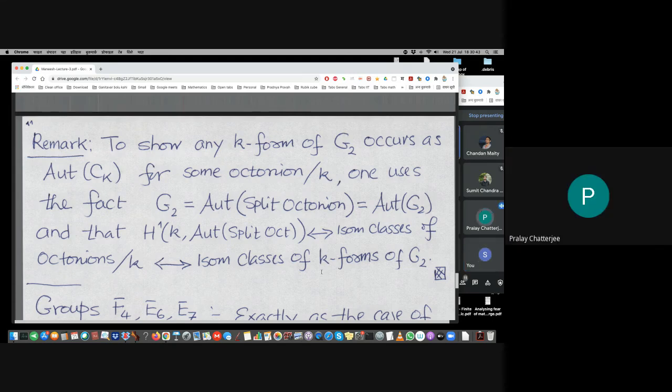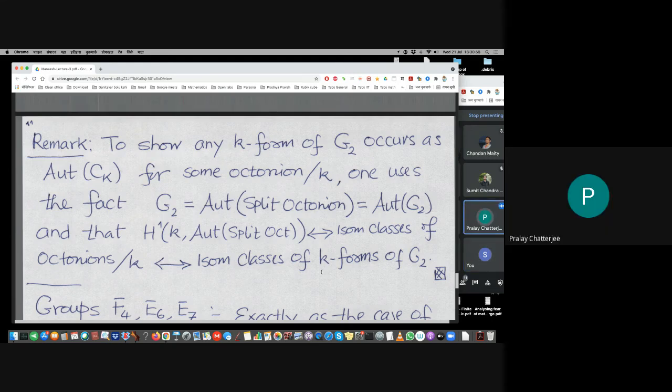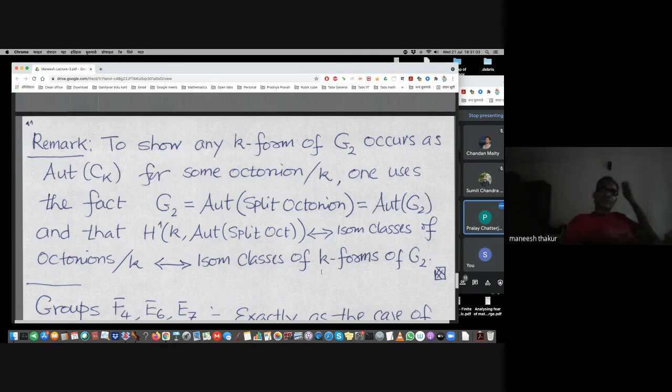If you start with something split, then the corresponding group will also be split. So in that case, I'll get a split group, and that K bar isomorphism, I'll actually get over K.